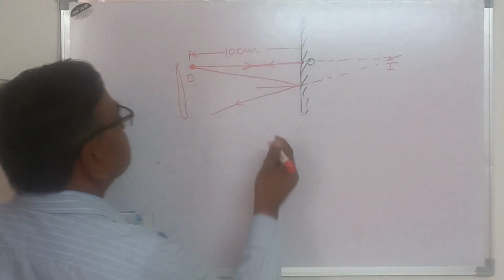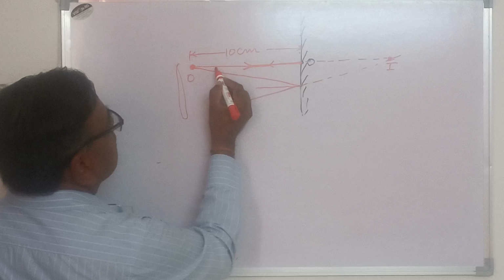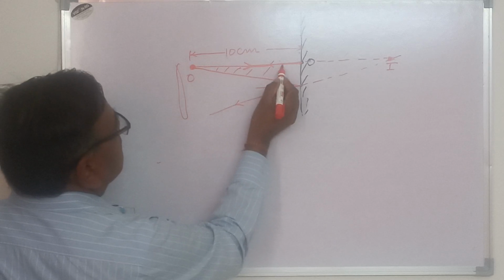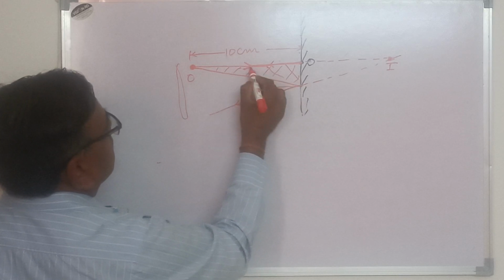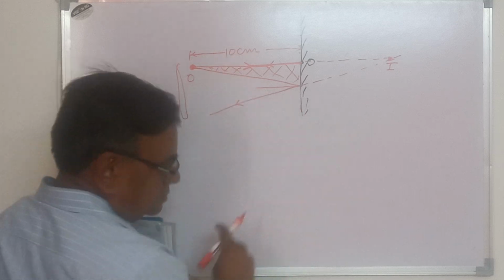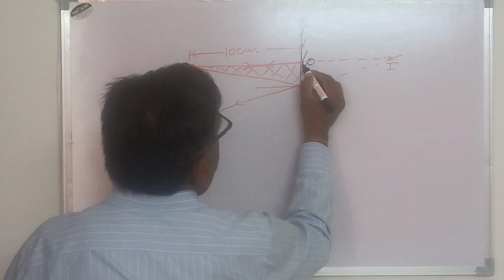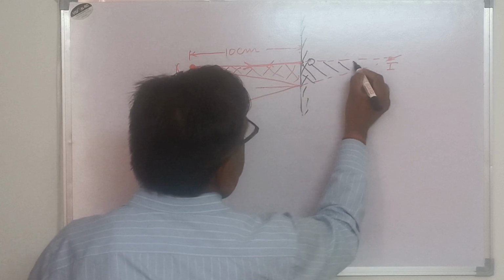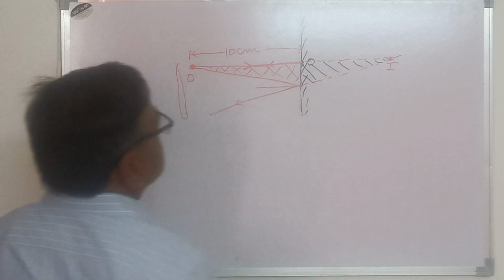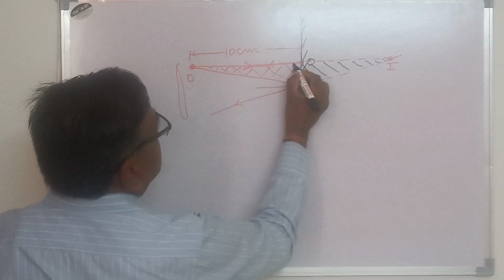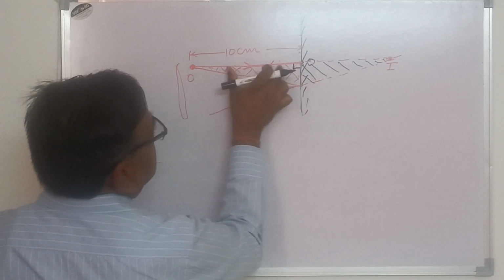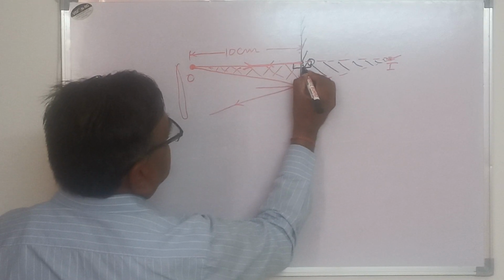Now you see these two triangles. And the second one is this triangle. This angle is 90 in this triangle, this angle is 90 in this triangle.